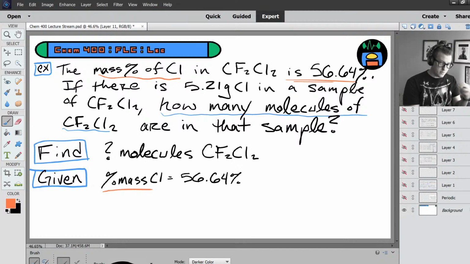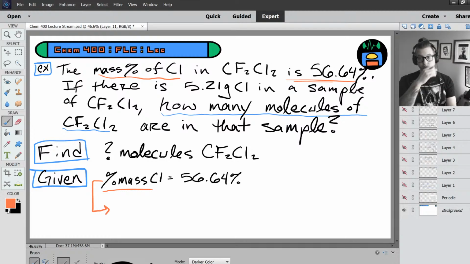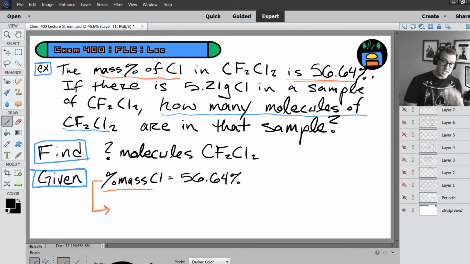This is critical because percent mass has an equation associated with it. And every time you're given a quantity that has an equation associated with it, you need to write out that equation in your given information, because more likely than not, that algebraic expression will be a roadmap to solving this problem. So let's write the equation for mass percent of chlorine.